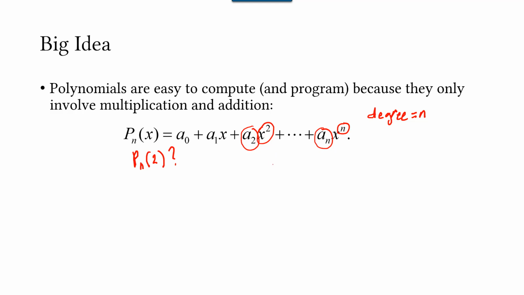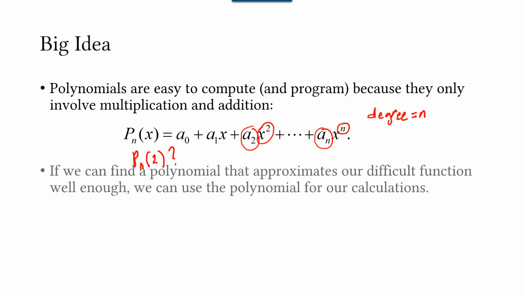So if I'm evaluating a polynomial, unlike the sine function, there's really not that much to it. Addition and multiplication are relatively easy to program a calculator or computer to do.